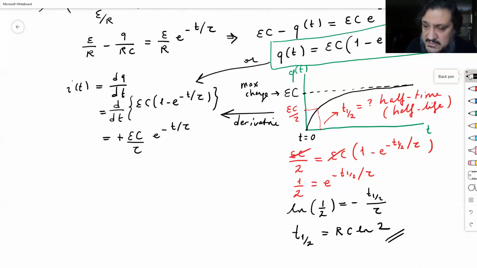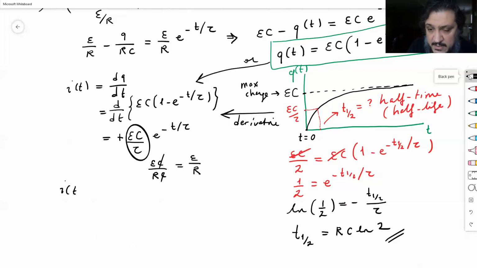And tau is RC. So you have here EC over RC. C is canceled. You have E over R. So I is equal to E over R times e to the power negative t over tau.